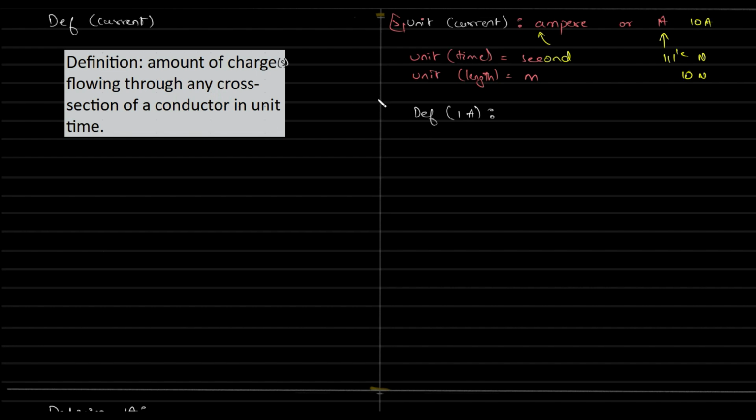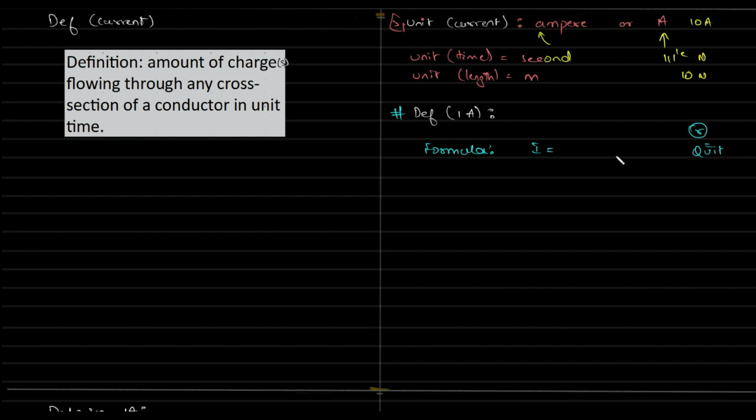The very next thing in physics is that you define a single 1 ampere, like 1 kg, 1 meter. We need to define 1 ampere. For that, we need to start with the formula. What is the formula of current? Current is equal to what? If you're not able to remember, quit.